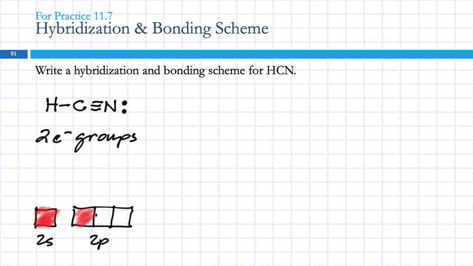So this is going to have sp hybridization. So I'll have sp, and then I've got two p orbitals that are just left sitting there. This is carbon. Carbon has 4 valence electrons. We'll put them in here.